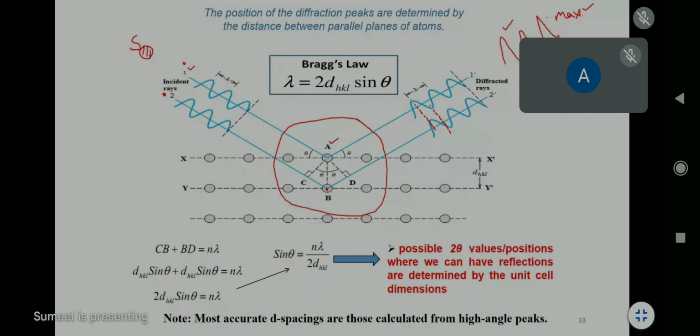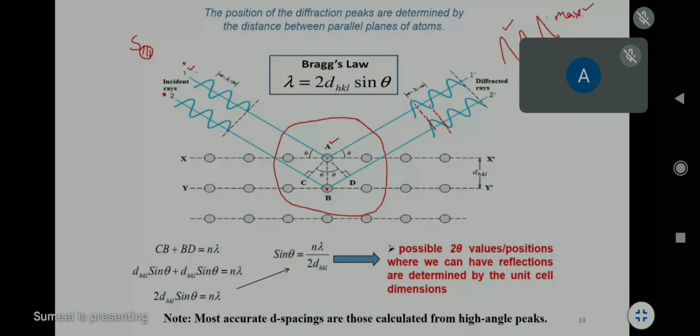You can draw a perpendicular from A to C and A to D. These perpendiculars will form right angle triangles. One triangle is ACB, another is ABD, and it is very simple trigonometry which you have to use.